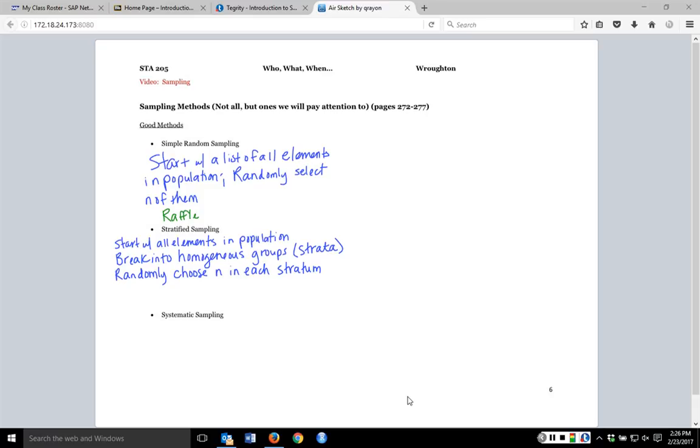Right, the last good method we're going to talk about here is what's called a systematic sample. So again, you're going to start with all elements in your population. Then you're going to randomly choose the first one out of k.